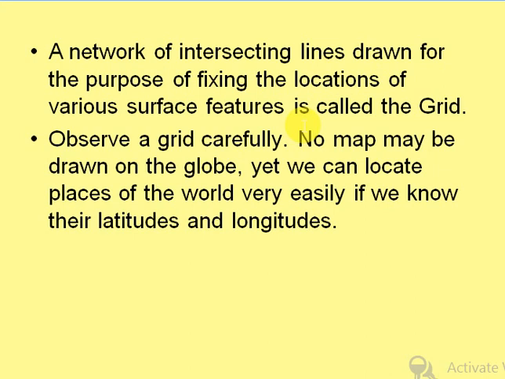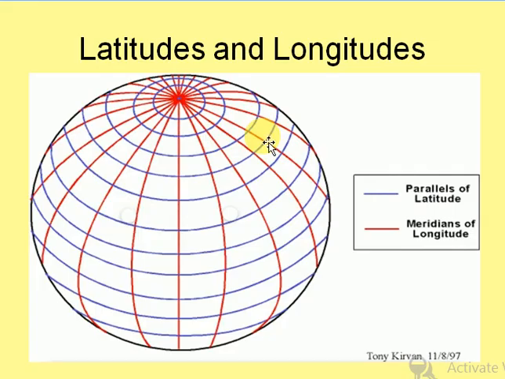You know that the spinning of the Earth on its axis provides two naturally fixed points, namely the North Pole and the South Pole, upon which a grid of intersecting lines is placed.